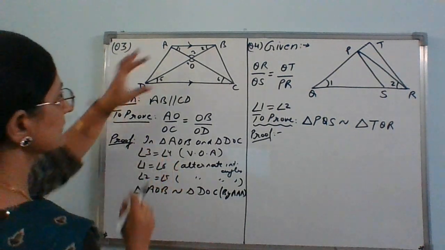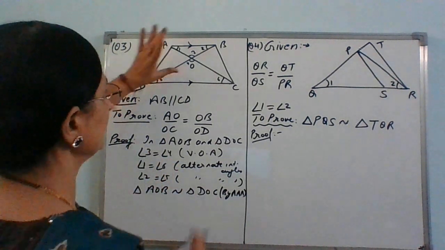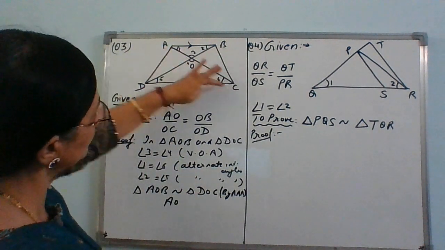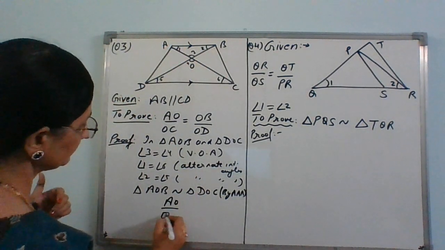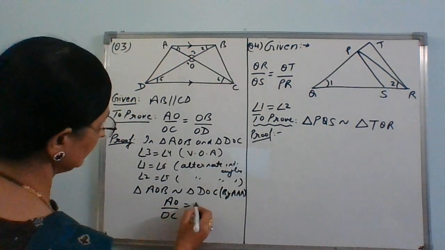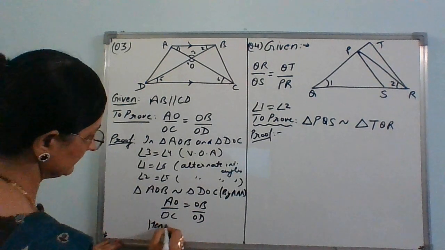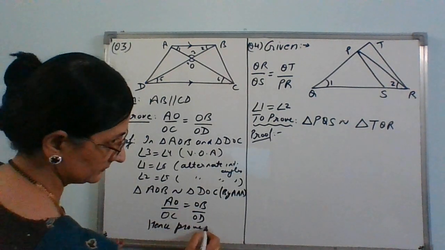Now when these two triangles are similar, the sides will be in ratio: AO of this triangle, OC of that triangle, OB of this triangle, and OD of that triangle. So hence proved, right? Okay.